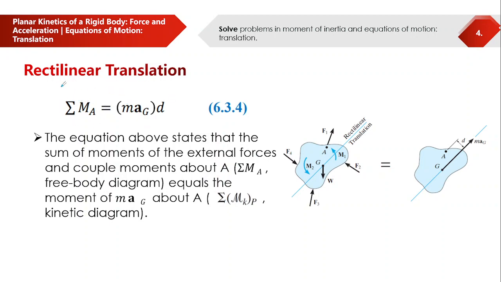So, rectilinear translation has only one: the mass times a sub g times D, because it has only one line of action, and that will be D, right?